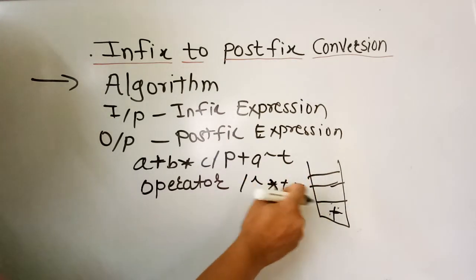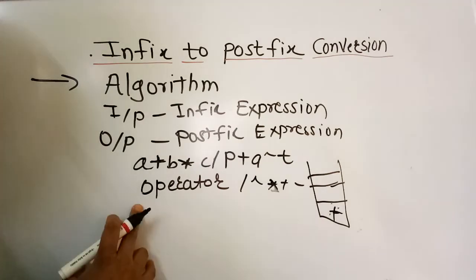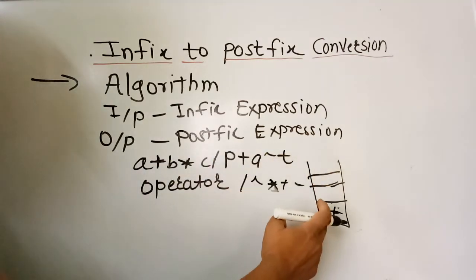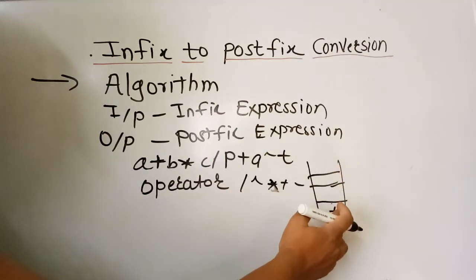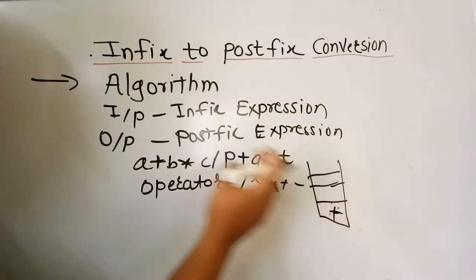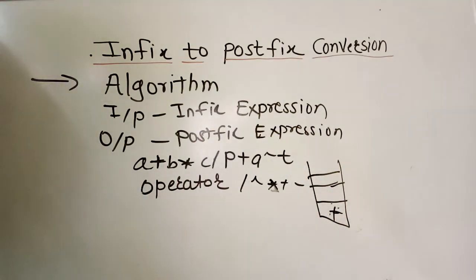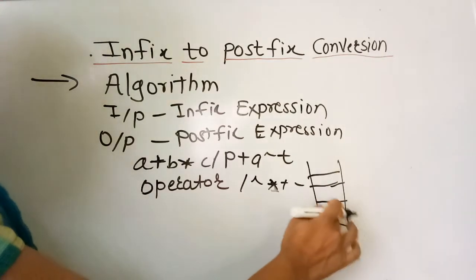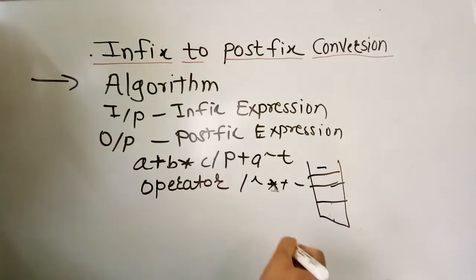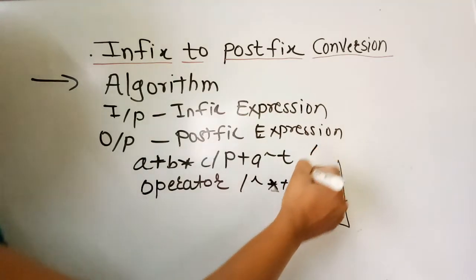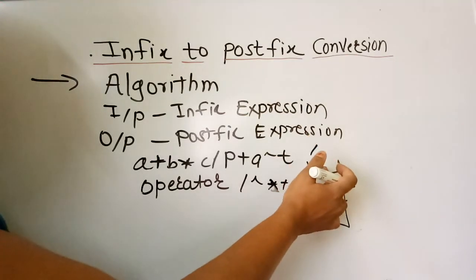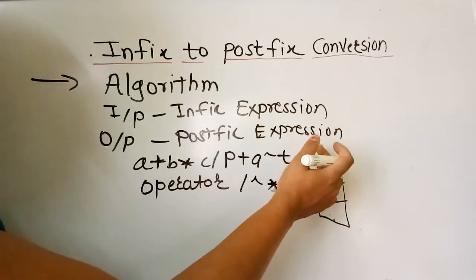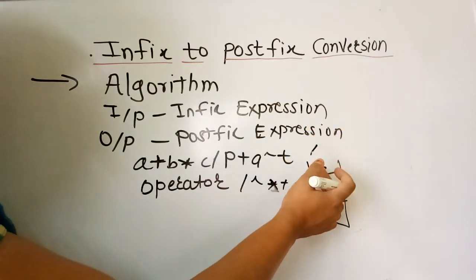If the priority of the character is greater than that of the operator on top of the stack, then push the character onto the stack. For example, if the top is the minus operator and you want to push the raise to operator, minus has a lower priority than raise to, so you can easily push it on the stack.